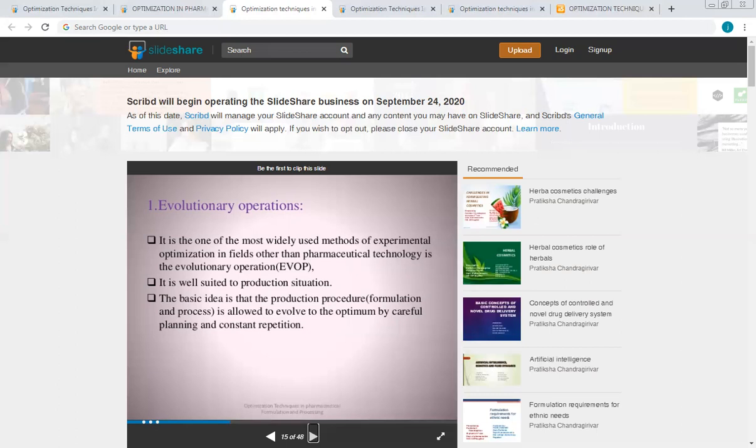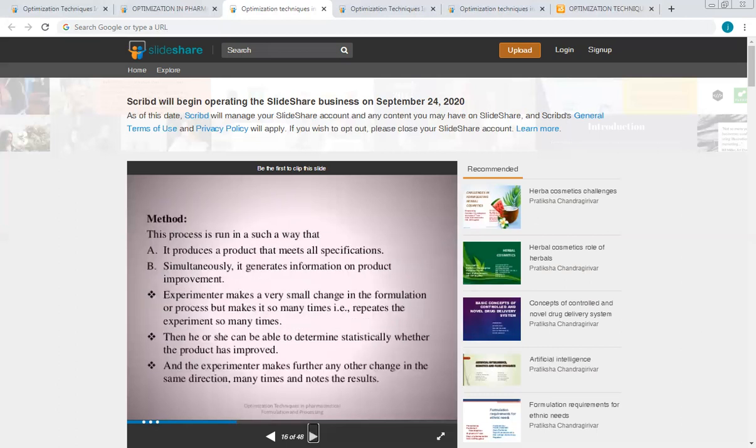The basic idea is that the production procedure, formulation and process, is allowed to evolve to the optimum by careful planning and constant repetition. This process is done in such a way that it produces a product that meets all specifications. Simultaneously, it generates information on product improvement.